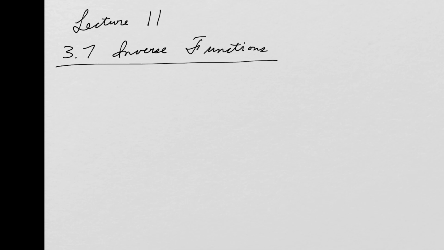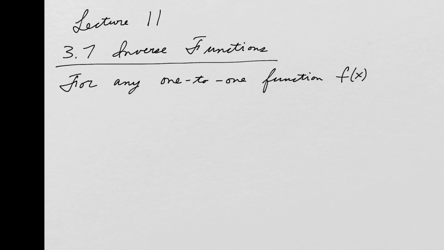So let me give the definition of an inverse function first. For any one-to-one function, and this is important, it has to be a one-to-one function, let's say f of x equals y.